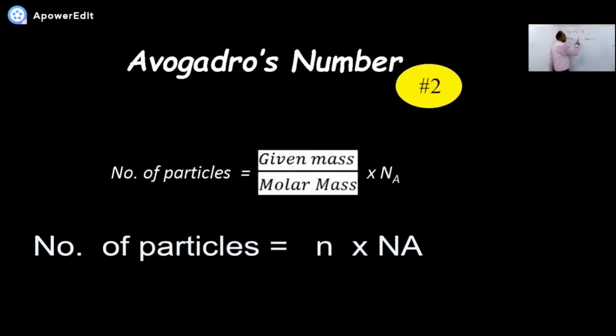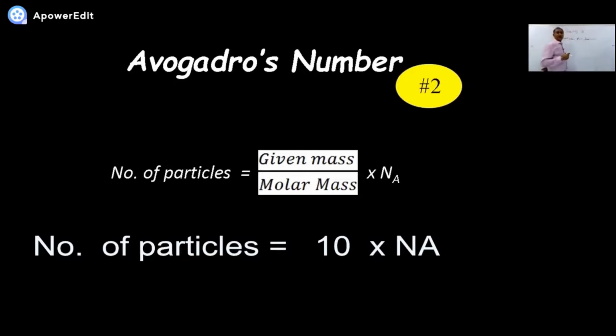You said, sir, multiply 5 by Avogadro number. If I say, I have 10 moles of carbon, and I ask how many atoms it has, you say just multiply 10 by Avogadro number 6.02 into 10 to the power 23.